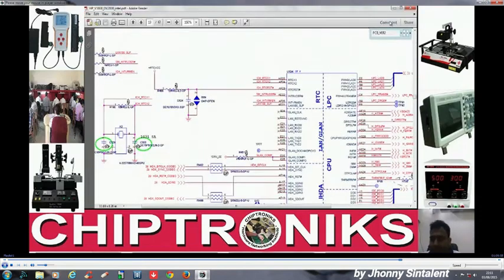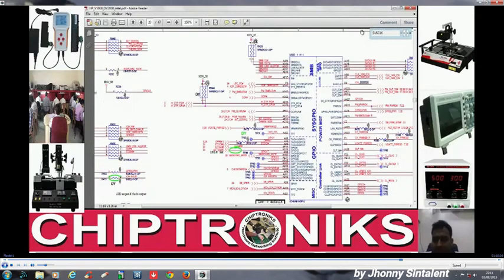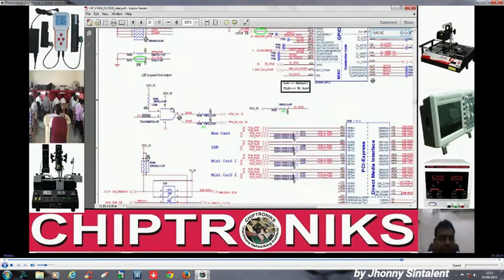Here we search SUSCLK. In some boards this is implemented, and in some boards it is not. We see where ICH_SUSCLK is connected over here, and this is a very important pin in order to ascertain whether my RTC section is working or not.